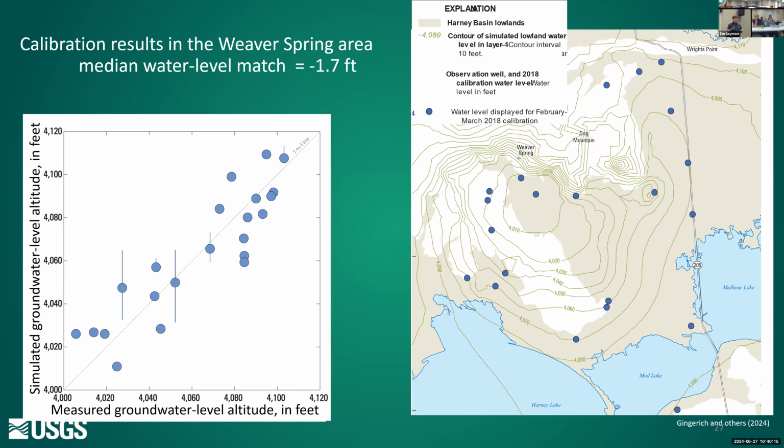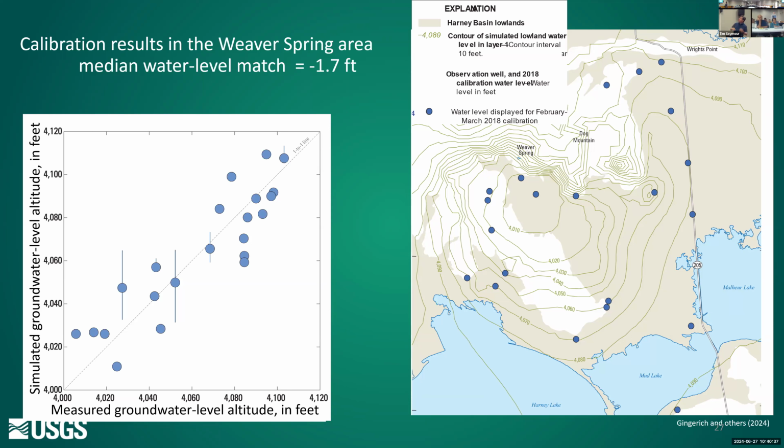So that was kind of what we aimed for at the end of the simulation. We wanted to match that 2018 water level configuration, but we also needed to match all the water levels that got up to that point. And that's like 2 years of work to do that basically.